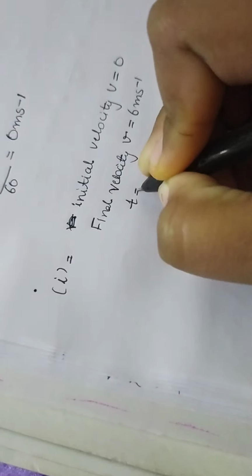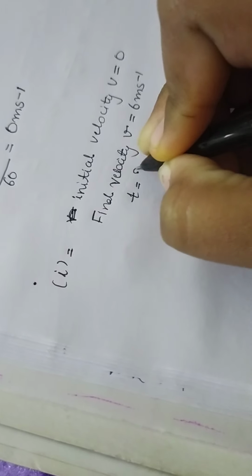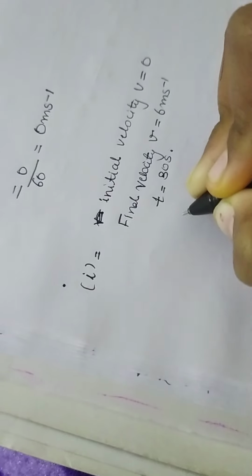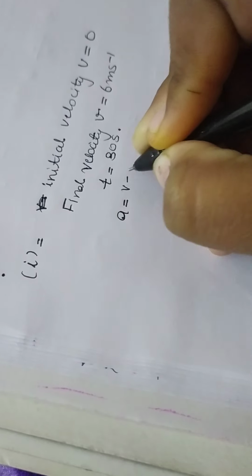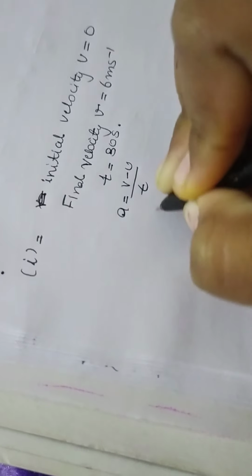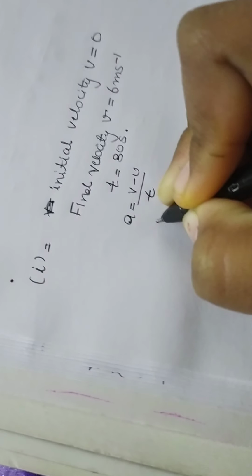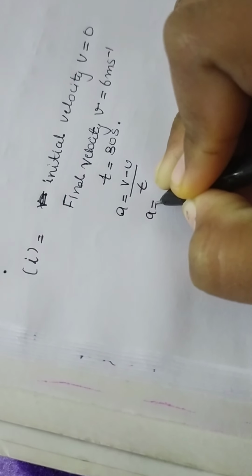We have our time also, and time is 30 seconds. So we know that the acceleration formula is v minus u upon time. Then we put the digits in the formula.